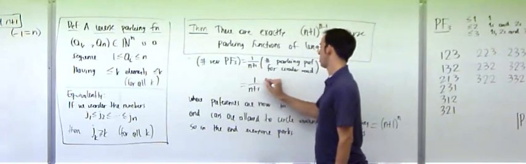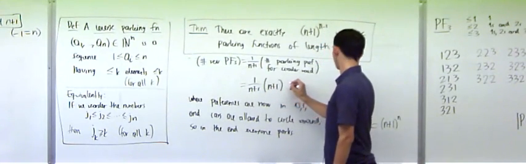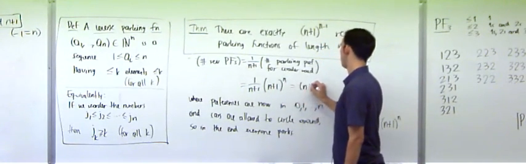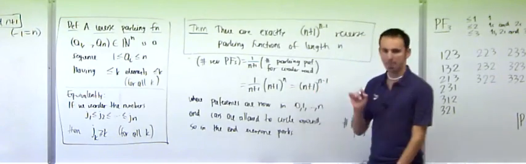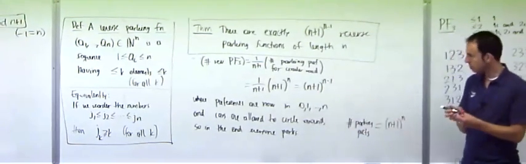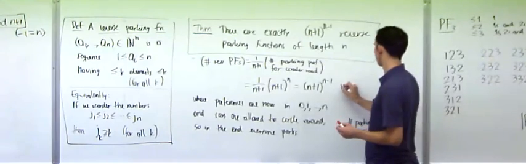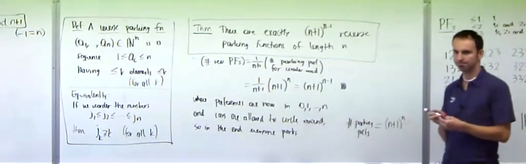So it's 1 over n plus 1 times n plus 1 to the n, and so it's exactly what we wanted. Okay. That's the proof.